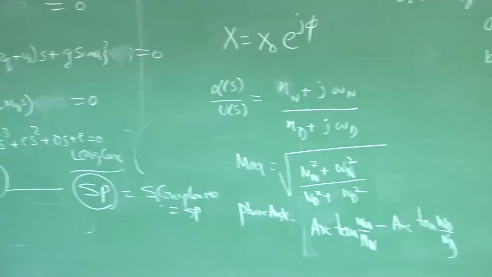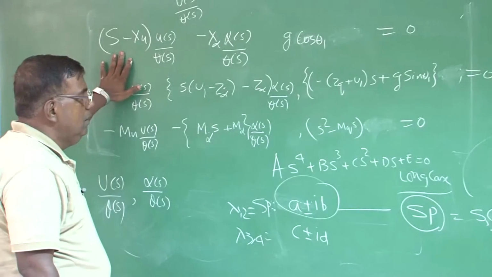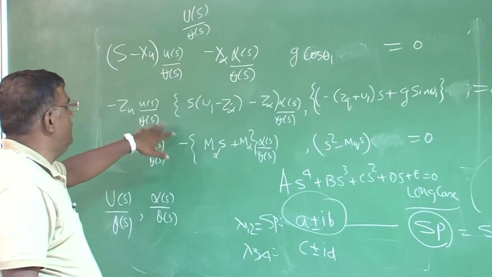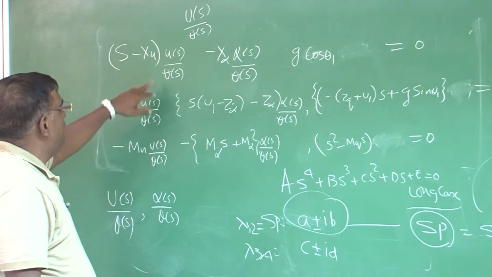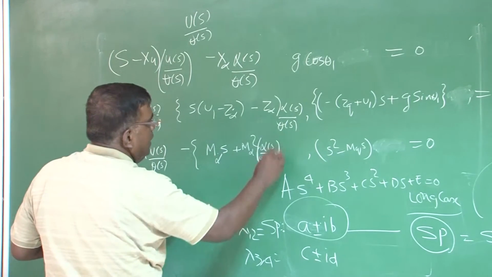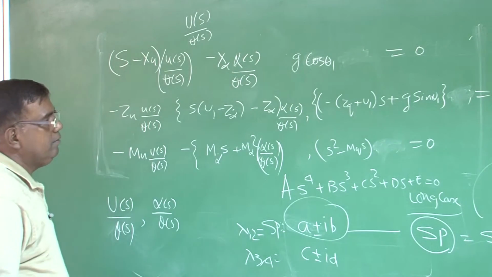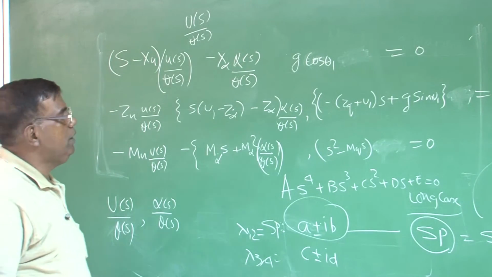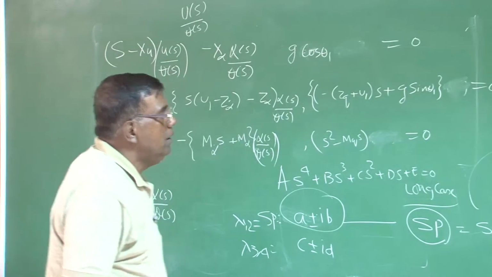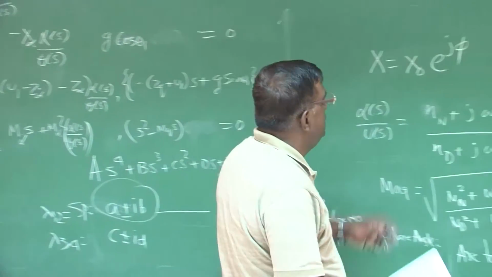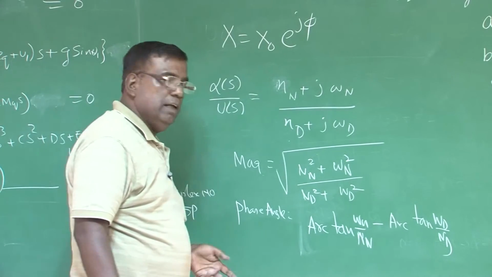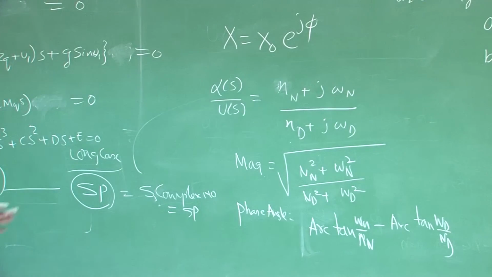What we do is take the characteristic equation, then divide by theta of s. From here I can find the expressions for u of s by theta of s and alpha of s by theta of s, which will come as a ratio of two complex numbers. And we know that for a ratio of two complex numbers, how to find magnitude and phase angle. It is as simple as that.